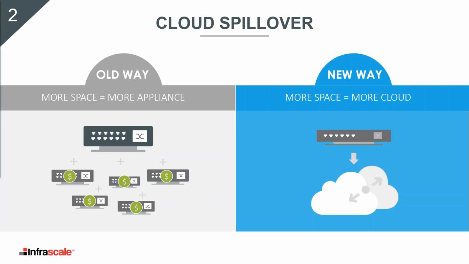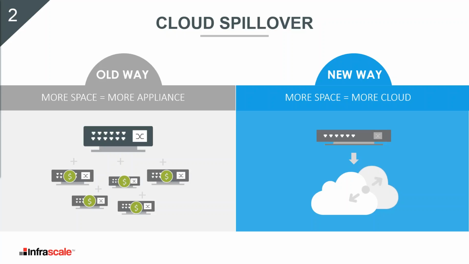So on the right is the cloud spillover way, the Infrascale way. What if you could get the last hard appliance that you'd ever need, just a slim rack mount unit, a 1U unit. You could send it 1 terabyte or you could send it 100 terabytes.